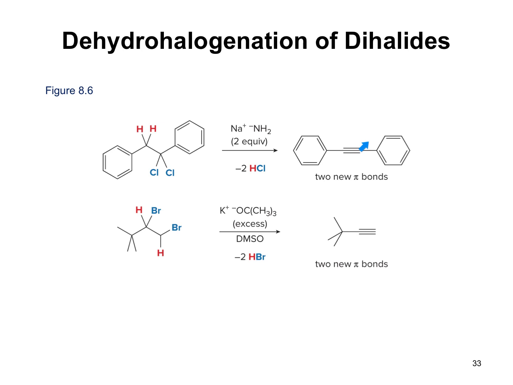And so then we get 2 new pi bonds here. This is an example of a vicinal dibromide where we're using excess tert-butoxide here in DMSO, and we also end up with a pi bond. So I like to show these examples because you can see here how the amounts are given differently above the reaction, and I just don't want that to throw you off if you see that in a homework problem.